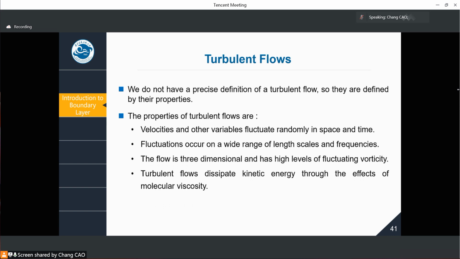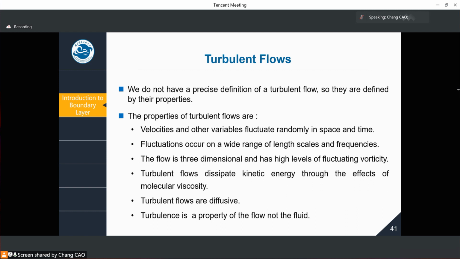And then, turbulent flows are diffusive. And turbulence is a property of the flow, not the fluid. So these are the properties of turbulent flows, and please remember each of them. They are all very important.